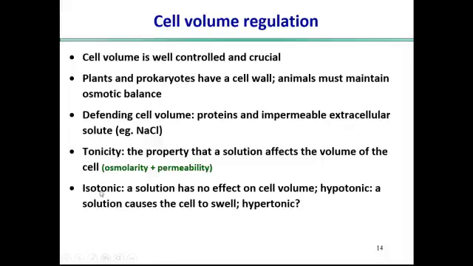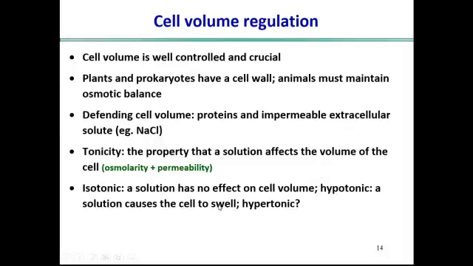If it's isotonic, that means intracellular and extracellular are balanced, so the cell volume is not changing. But if the extracellular medium is hypotonic, that means you have too few molecules dissolved in it, and this would cause the cell to swell.